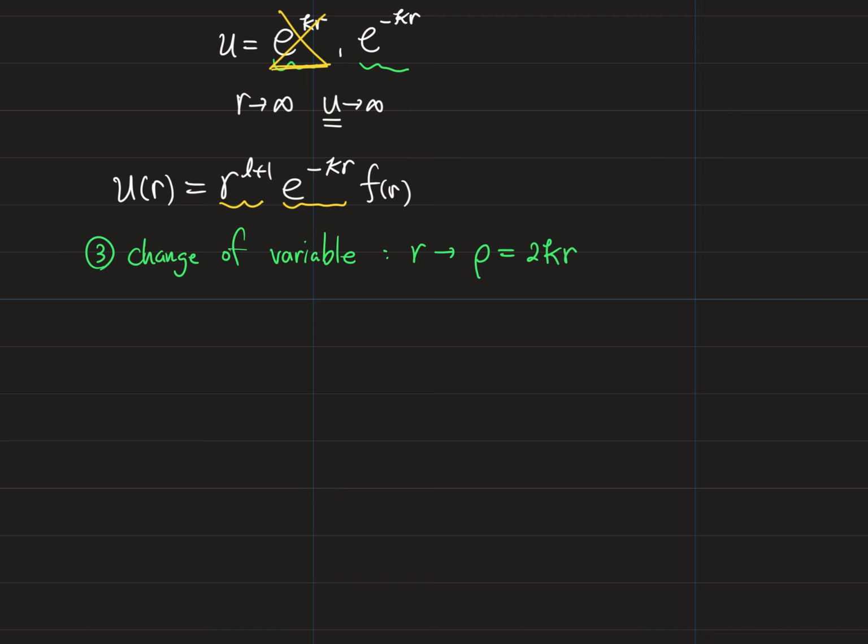So with this relation, you can redefine the differential equation. This requires tedious mathematical steps, and I will just tell you the final result. So it's rho d squared f d rho squared plus (2l plus 1 minus rho) df d rho.